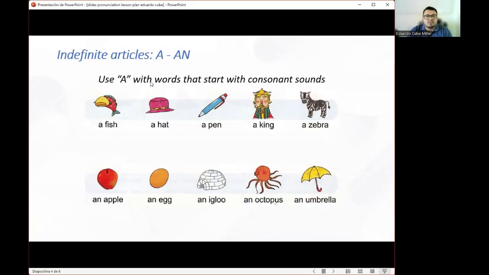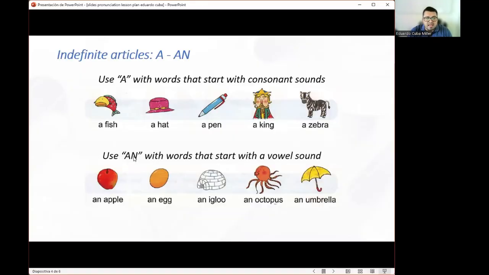Very good then. Awesome. You noticed quickly. Use A with words that start with consonant sounds. Let's practice again. Please, let's pronounce each word. It says a fish, a hat, a pen, a king, a zebra. Awesome.